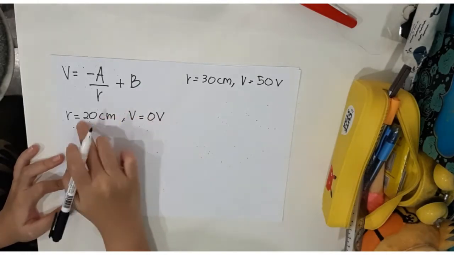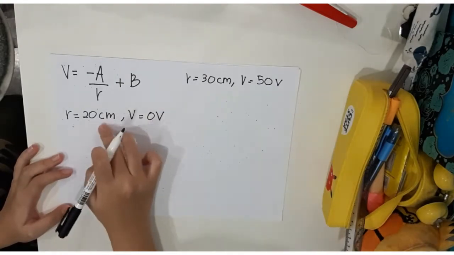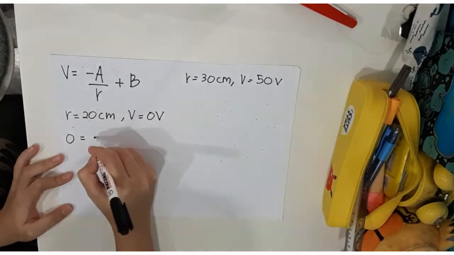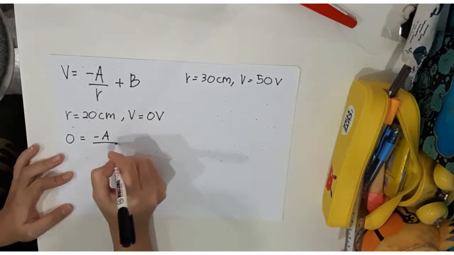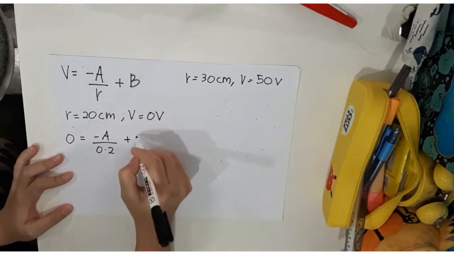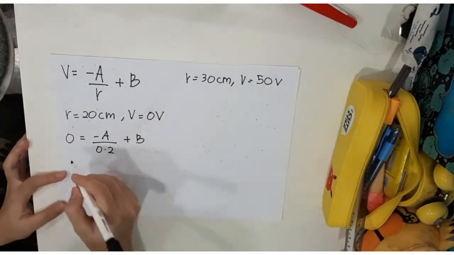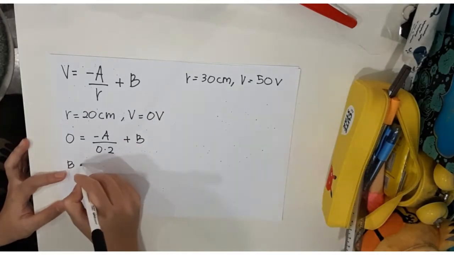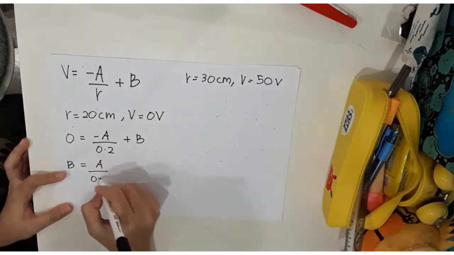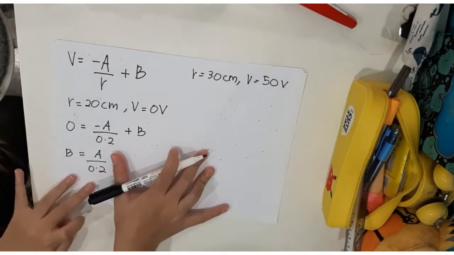So we will solve for R equal to 20 cm first. We put it into this equation: 0 equal to negative A over 0.2 plus B. From here, we will get B equal to A over 0.2.